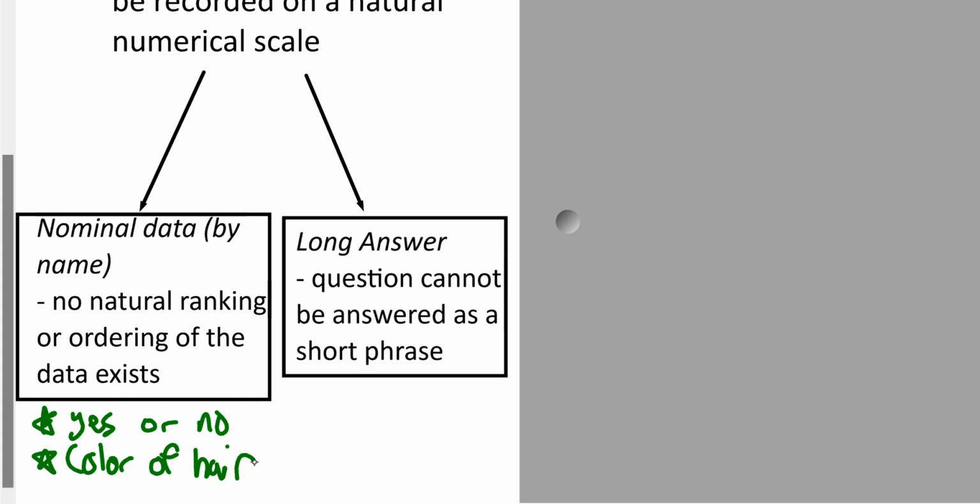So there's a lot of different types of nominal data, but it's just specific, categorical, qualitative data that can be specified into usually a short answer, whereas long answer is just anything else. It could include nominal data, but it's anything else that's qualitative. Usually a question cannot be answered as a short phrase, so it's going to give more detail.